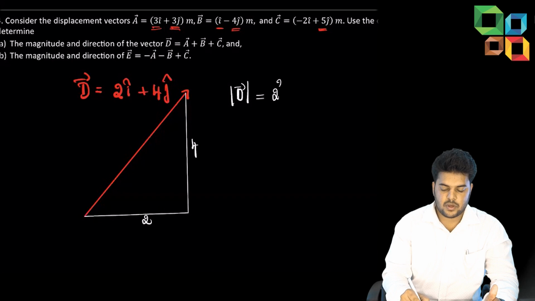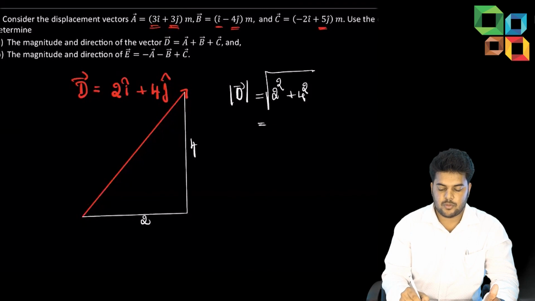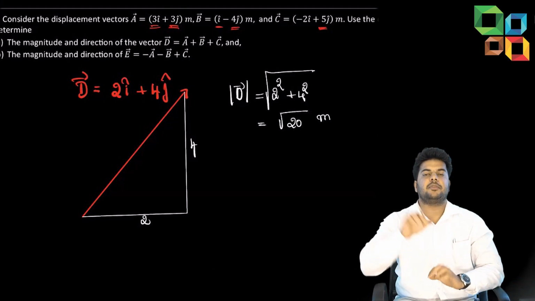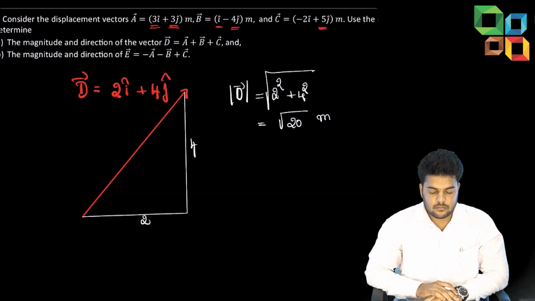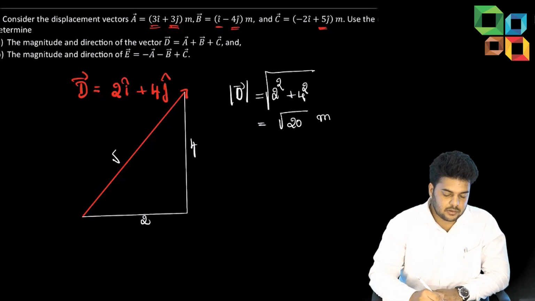So that is 2 square plus 4 square, but this has to be put under the square root. So this will come out to be root of 20. 20 what? Meter. Root 20 meters, because all of these steps are taken in meters.